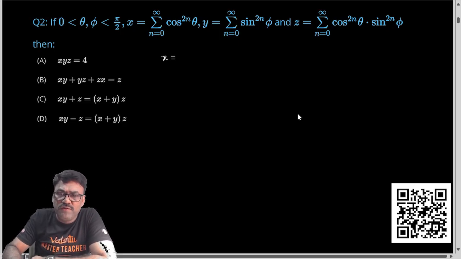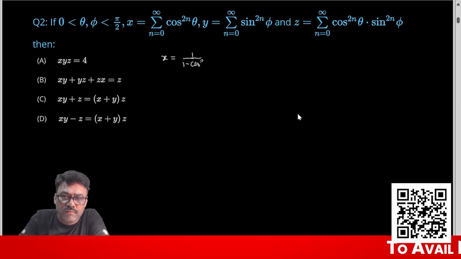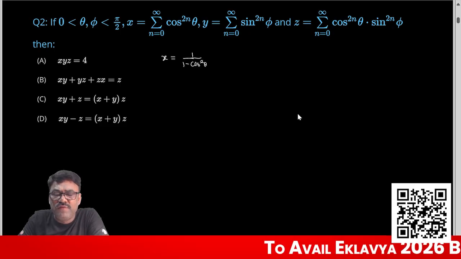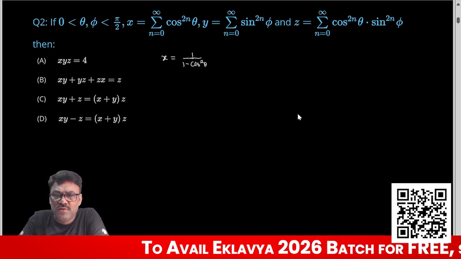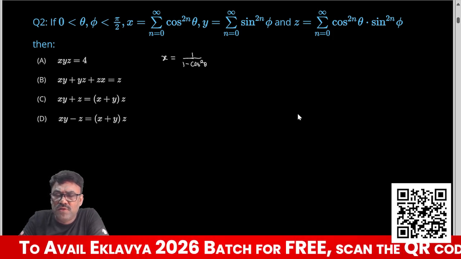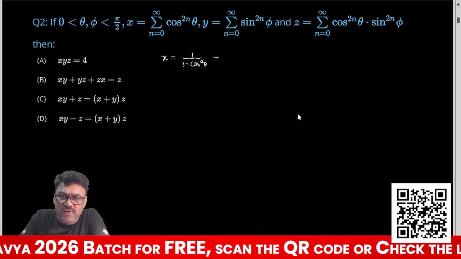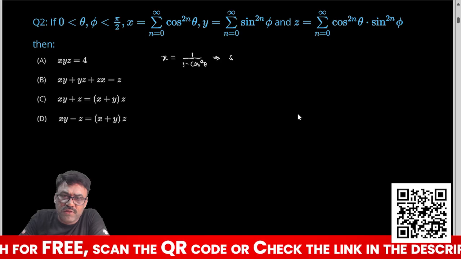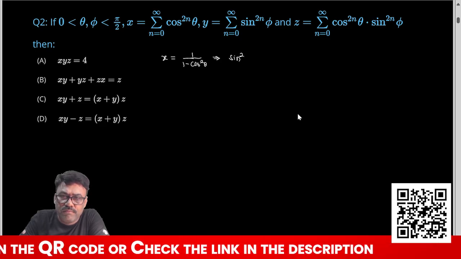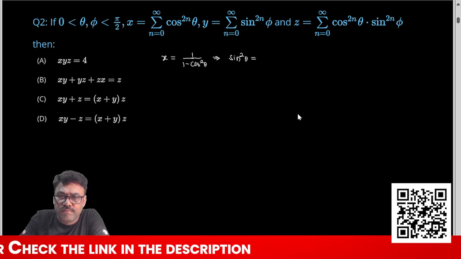So use the sum of infinite GP formula. In fact, the sum of infinite GP is a over 1 minus r. So a is 1 here, r is cos square theta. So x is equal to 1 over 1 minus cos square theta, which gives you sin square theta is equal to 1 by x.